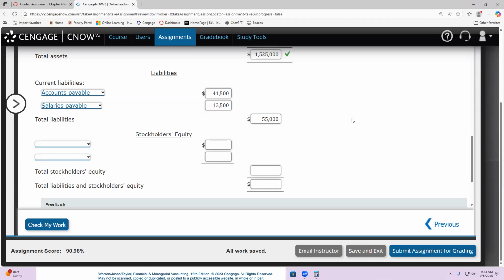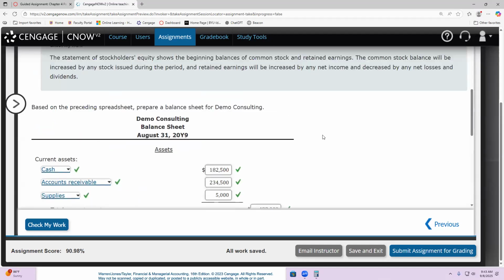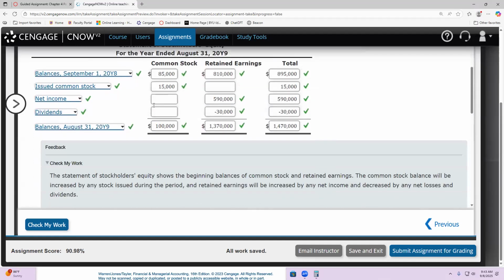Finally, the stockholders' equity, which is going to be our common stock and our retained earnings. This gets a little confusing sometimes because we've been going all the way up to the adjusted trial balance to get all of our other information. But for this, we're just going to go up to the statement of stockholders' equity because that's where we figured out what the new balances of those accounts should be. So our common stock account has a balance of 100,000 and our retained earnings has a balance of 1,370,000.